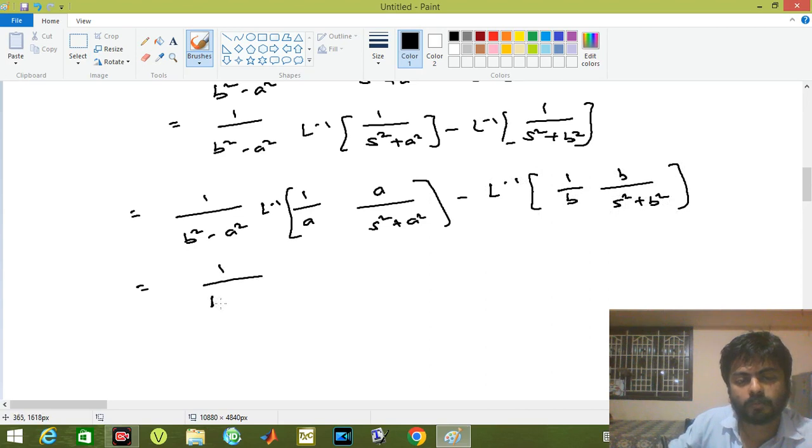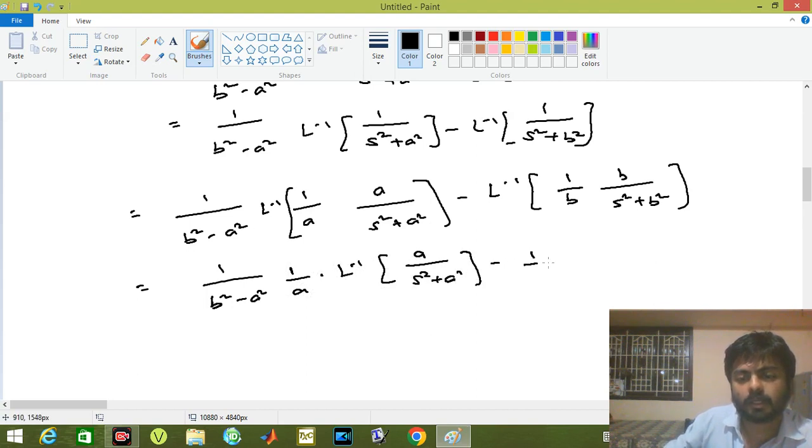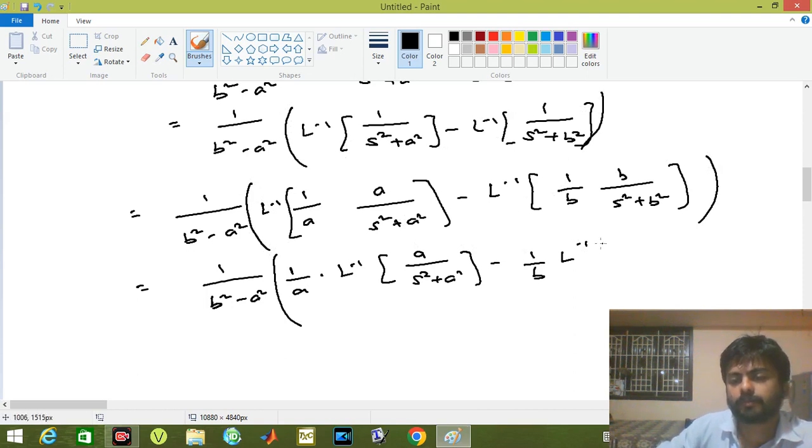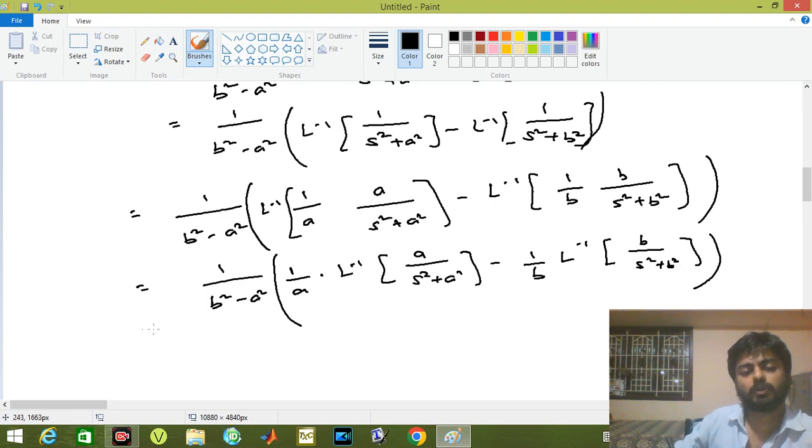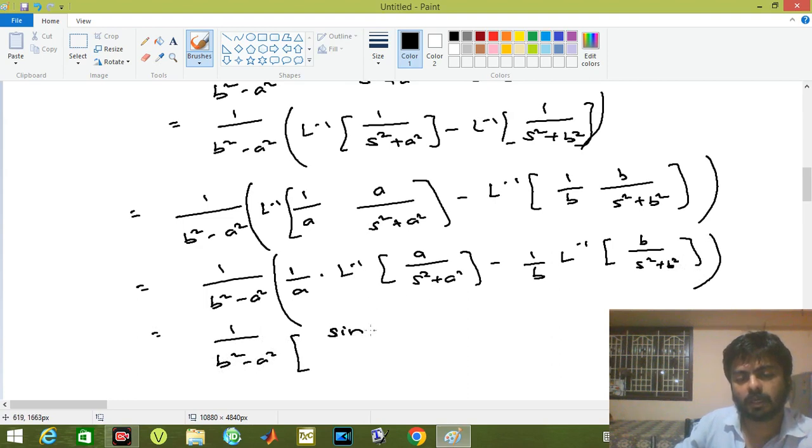So here you will have 1 by (b square minus a square) of, by linear property you can take 1 by a outside, L inverse of a by (a square plus a square) minus 1 by b into L inverse of b divided by (a square plus b square). So your solution will be 1 by (b square minus a square) of, this is sin at by a, this is minus sin bt by b.